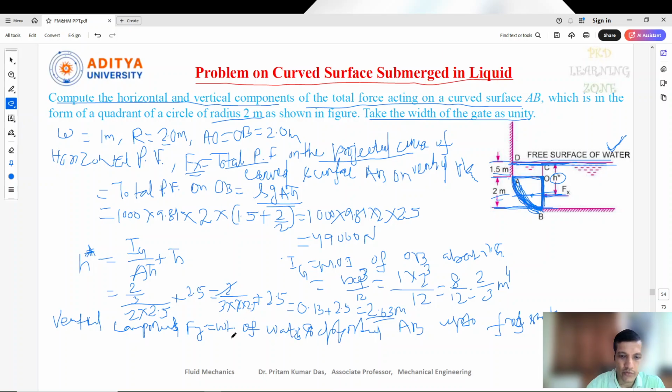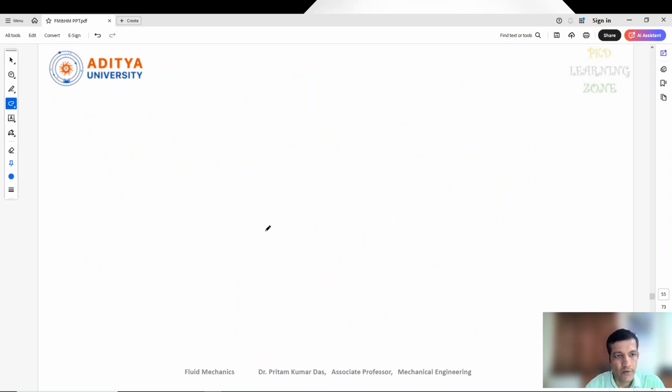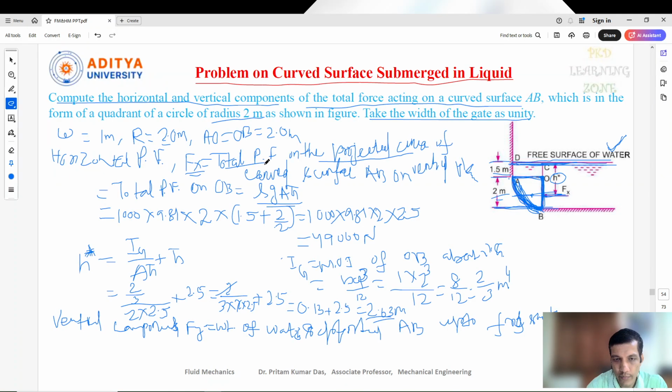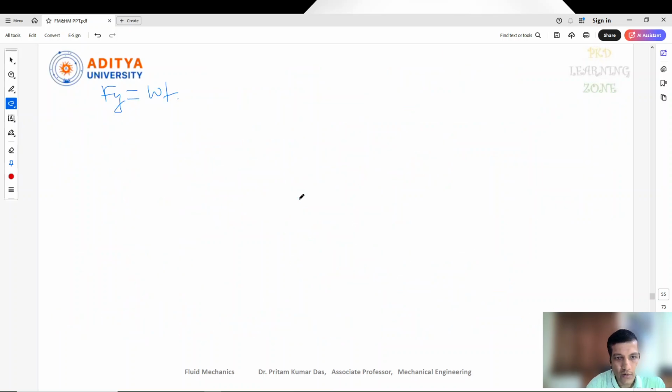That equals, this one we got already in our previous lecture. Now what can I write here? Fy equals the weight of that particular portion. If you see from here to here, the total weight will be from here to this total surface.